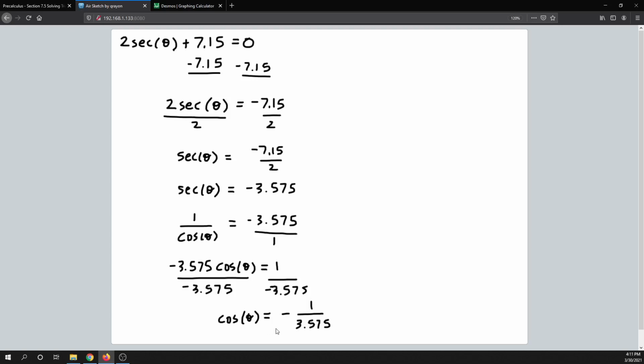And now what we can do is go to the calculator, and we can take the inverse cosine of negative 1 over 3.575, like that.